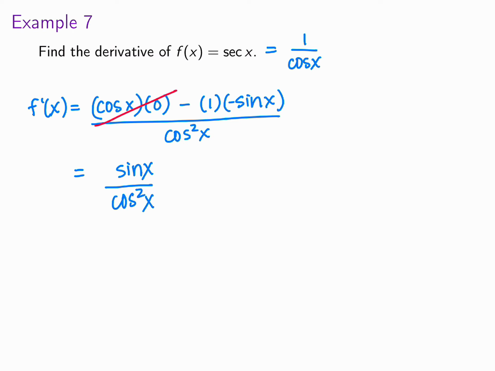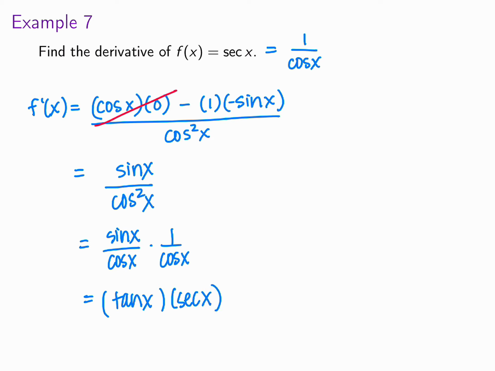And I can keep going a little bit further here because I'm going to sort of pull it apart. This is a sine x over a cosine x times a 1 over a cosine x. Sine over cosine is tangent x, and 1 over cosine is the secant function. So the derivative of the secant function is tangent x times secant x, although normally we see it written in textbooks as secant x tangent x.